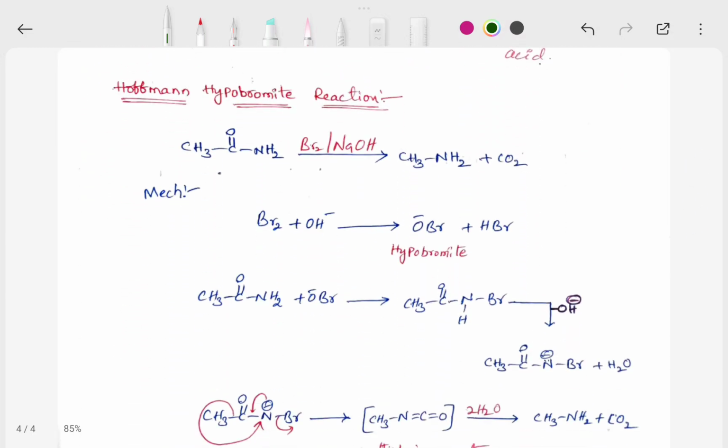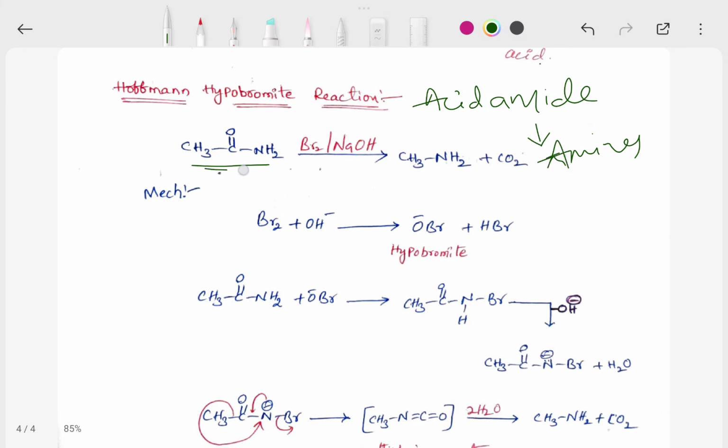Then the Hoffmann hypobromite reaction. In the Hoffmann hypobromite reaction, acid amides are converted into primary amines. Acid amides to amines.